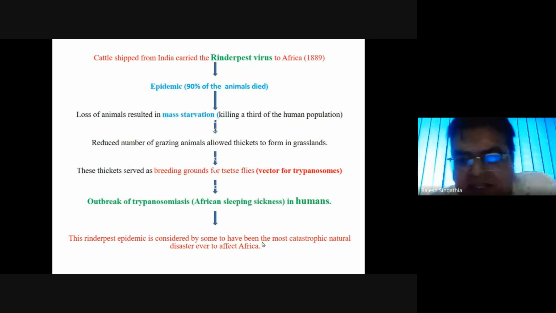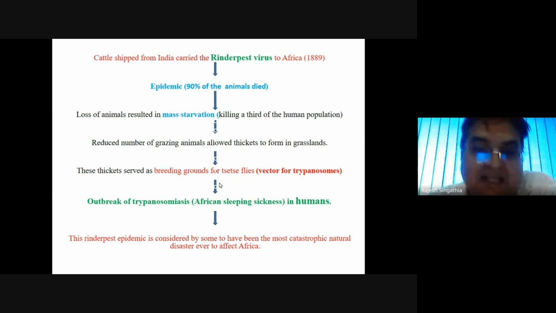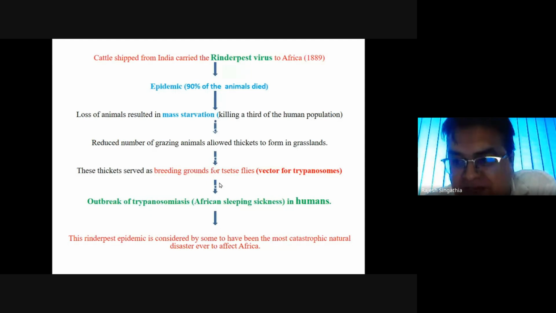Rinderpest is an example of how a disease that only affects animals can have a large public health impact. We all know that rinderpest is an acute, highly contagious viral disease of cattle, domesticated buffaloes, and some species of wildlife. But by this example, we can say that a disease which only affects animals can have a large public health impact.